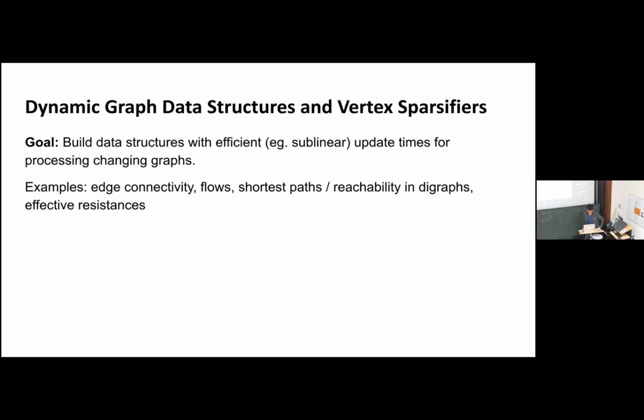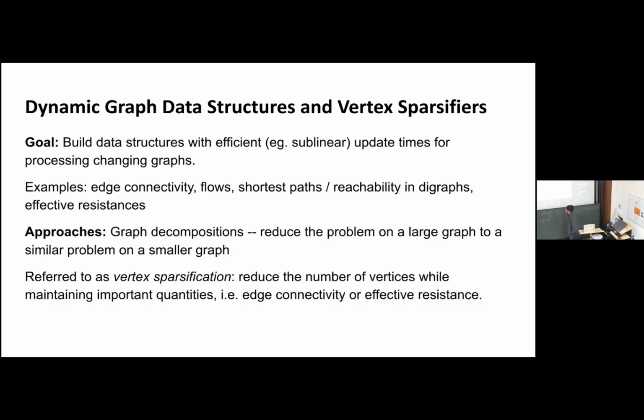Okay, so the goal of the general dynamic data structure field in graph algorithms is to build a data structure that hopefully in sublinear update time supports maintaining some property of a dynamic graph. Examples of this are flows, shortest paths, reachability, and the one we focus on is effective resistances.